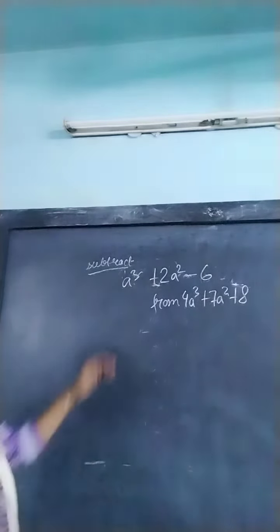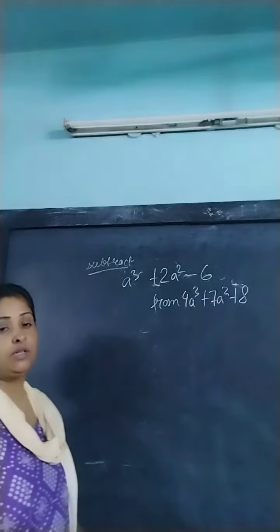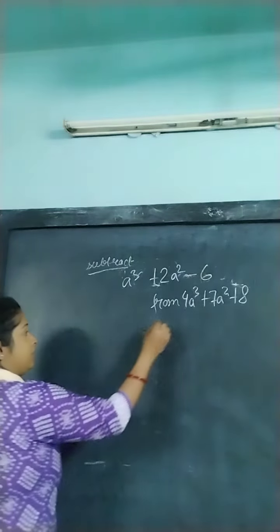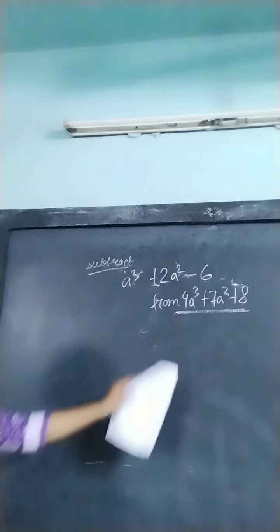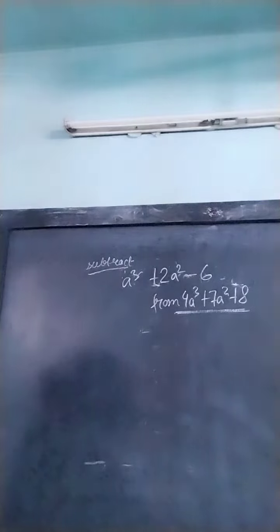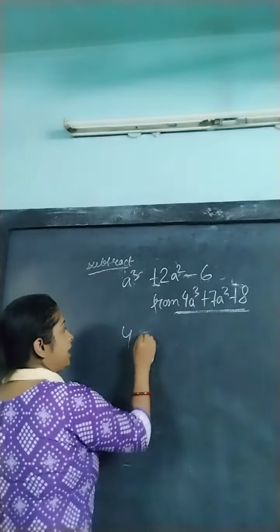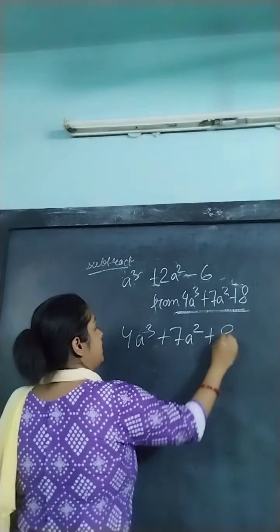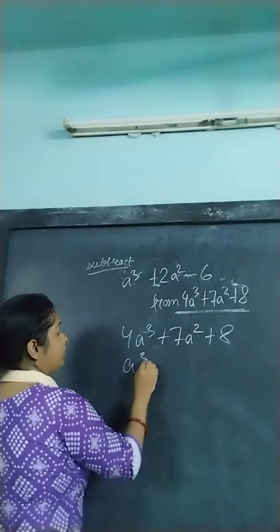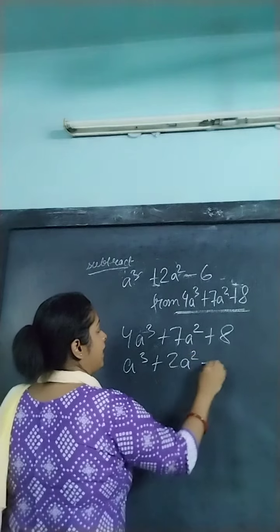You have to subtract this from this. What will you do? You will write this first. Naturally I have told you, because this is the larger one, from this you have to take out this. So what you will do is, first you will write 4a cube plus 7a square plus 8 and then a cube plus 2a square minus 6 below it.